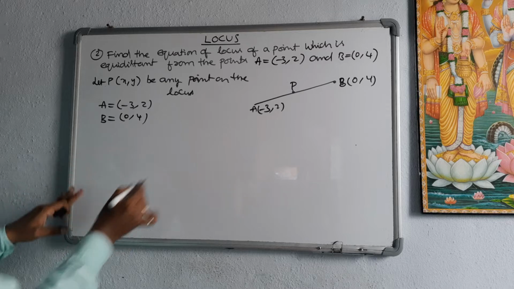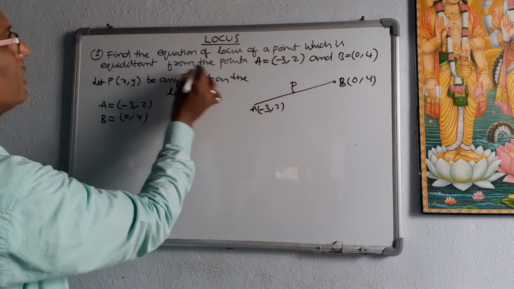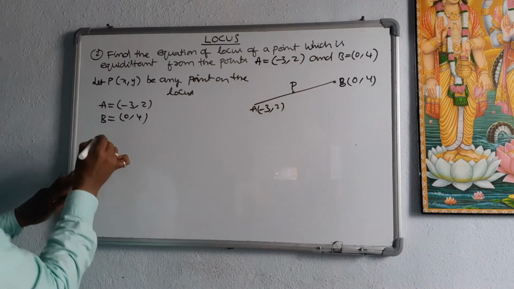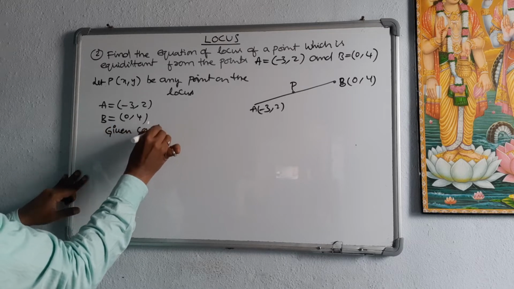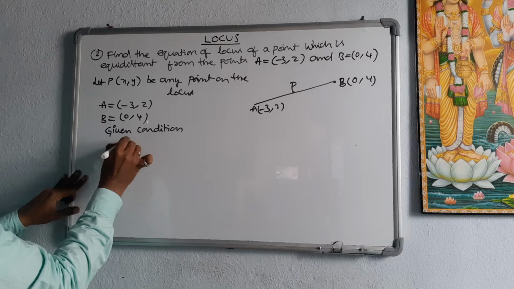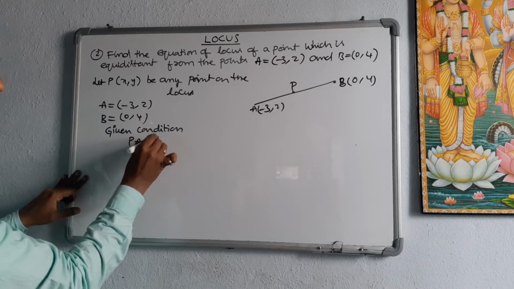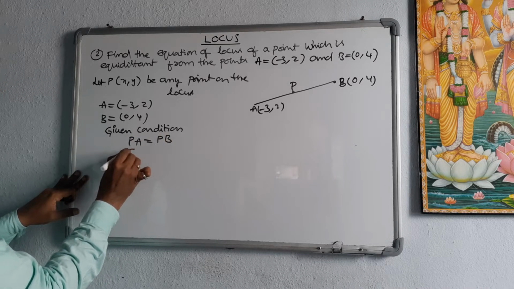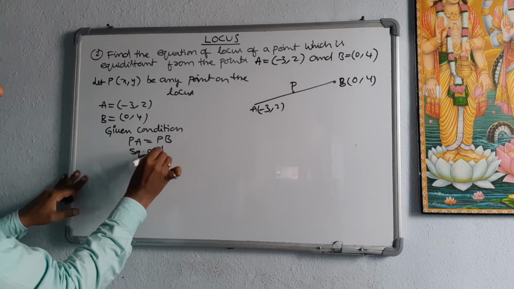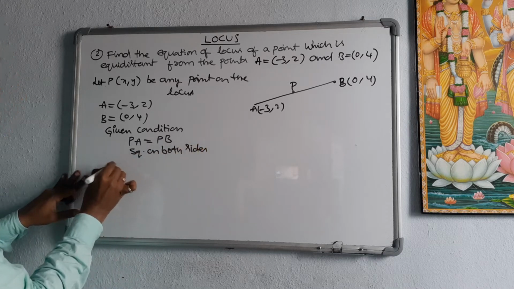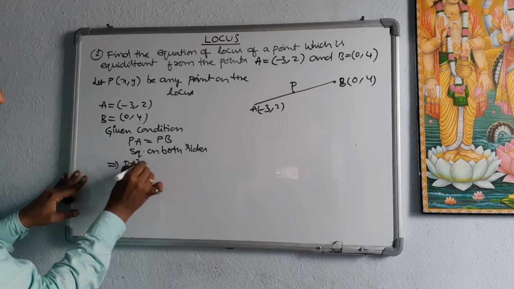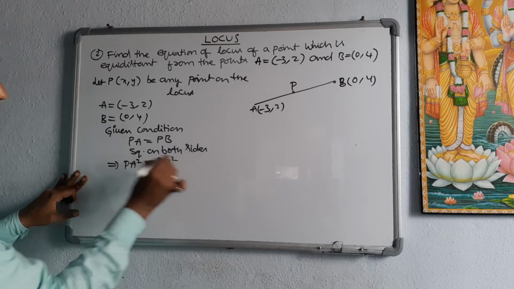Given condition: the locus point is equidistant from A and B, so PA equal to PB. Squaring on both sides, PA square equal to PB square.